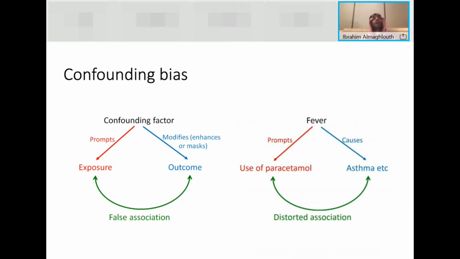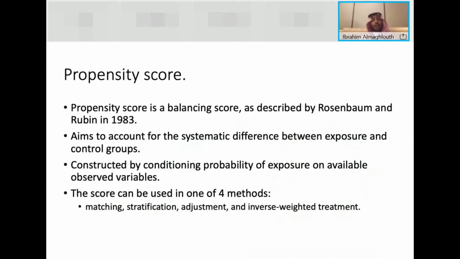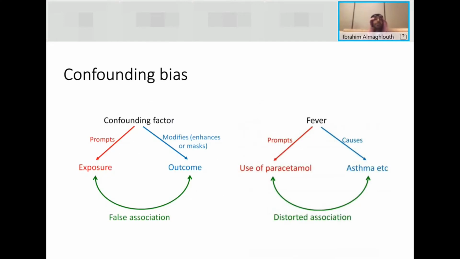For example, if he did not have availability of tacrolimus in his institute, and that's just a hypothetical example. And not accounting for these factors can result in distorted estimates of the relationship between the treatment, for example, and the outcome.